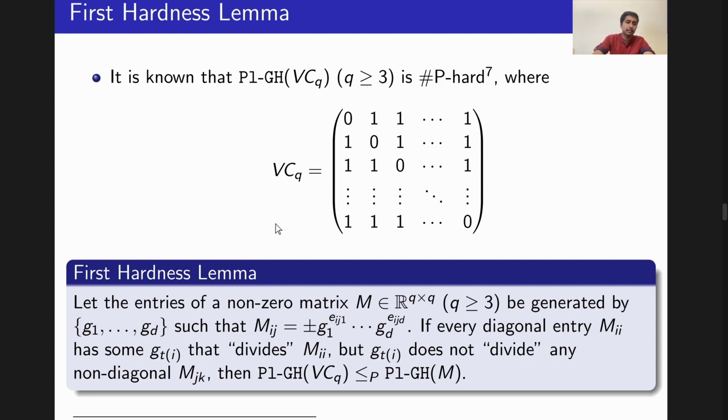So what we can show is that if we have a matrix M with only non-zero elements in it that is generated by the set g1 through to gd, and if it is also the case that for every diagonal element Mii, there is some gt in the set over here that divides the diagonal element but does not divide any of the non-diagonal elements, then we can find a reduction from planar GH of VC_q to planar GH of M. And since we know that planar GH of VC_q is hard, this then implies that planar GH of M is hard.